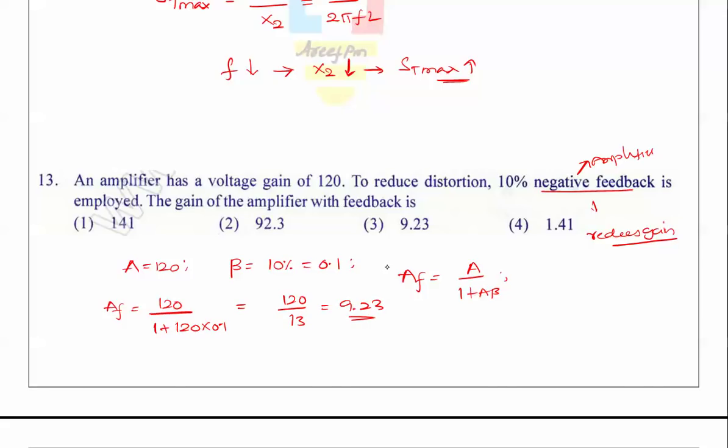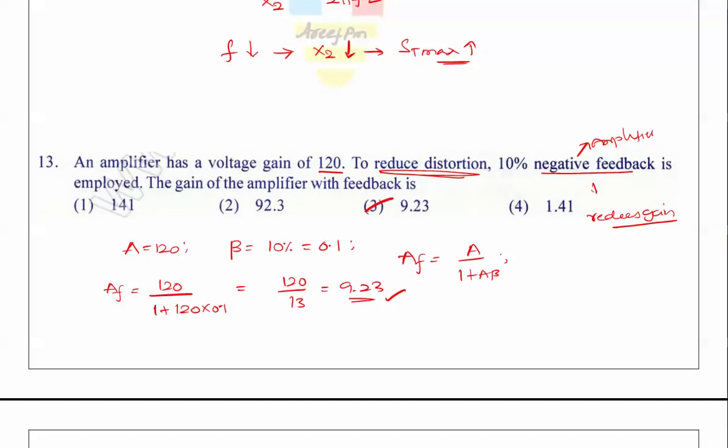As I told you, the gain decreases. From this we can conclude that using negative feedback, the gain automatically decreases. Earlier it was 120, now it is 9.23. The advantage is that we are reducing the distortion. So that's the advantage of negative feedback. So the answer is 3.